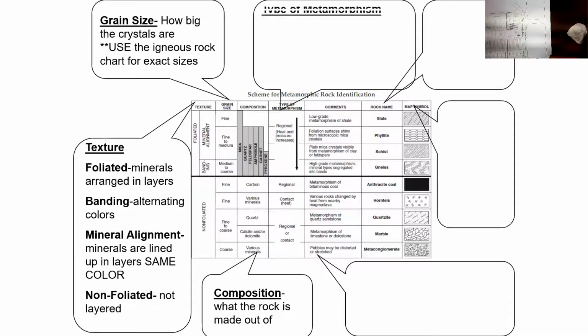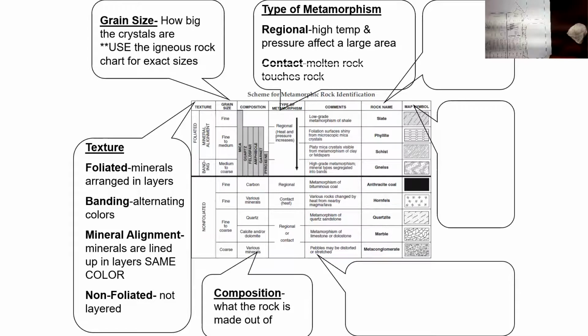The next column is type of metamorphism. There's two choices there, regional or contact. Regional, like a region, is a large area. So the whole region gets heat and pressure. Contact is just when a small group gets touched. Underneath that box, it says type of metamorphism. We're almost done.